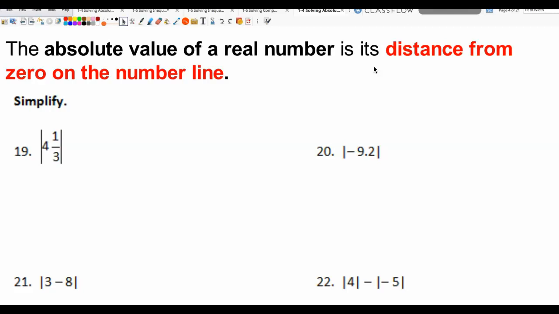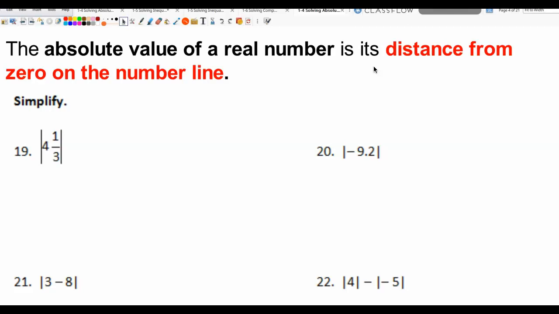So this is very similar to the worksheet you did this weekend, where you are simply looking at an absolute value of a number and determining its distance. Absolute values are like grouping signs in the sense that you must simplify the inside before you take the absolute value.